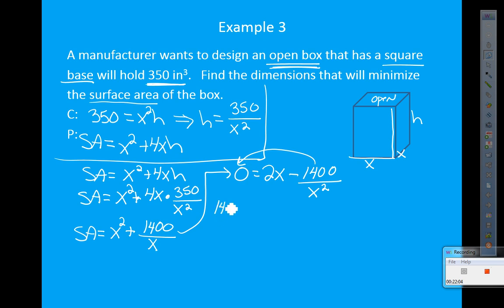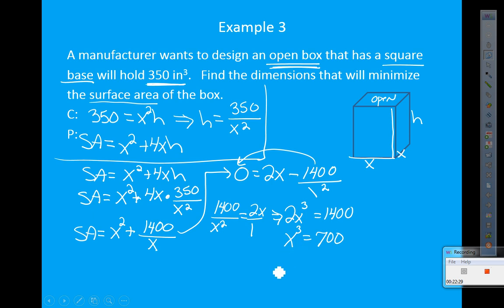So I've got 1400 over x squared equals 2x over 1. I'm going to cross multiply. So I've got 2x cubed equals 1400. I'm going to divide both sides by 2 and get x cubed to be 700.